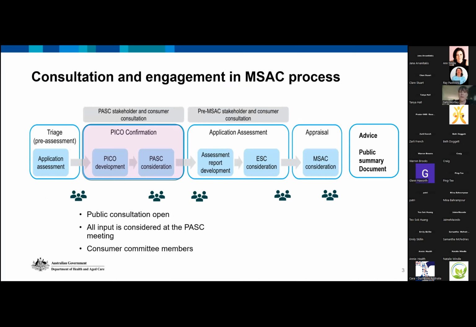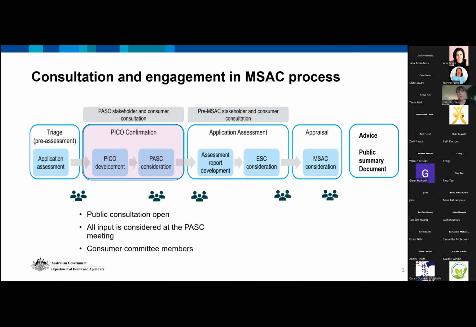And in both periods, people are alerted to this through the MSAC e-bulletin, which you can register for. It's open to everyone. And all input is considered by MSAC, but the input that's provided at the PASC stage will be considered by PASC as well as MSAC.